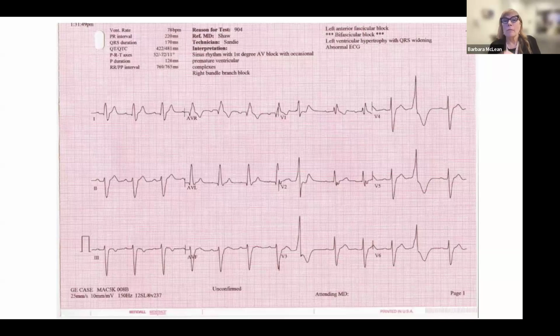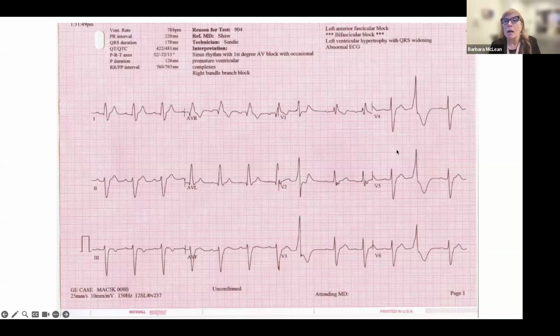In addition to that, we're now going to look at our chest leads, and what we're going to look for is the massive direction. In a normal V1, it should massively be downwards. In V2, a small upright and massively downwards. In V3, you should have an upright and a downwards that are relatively equal.